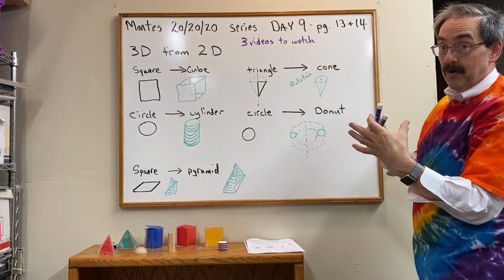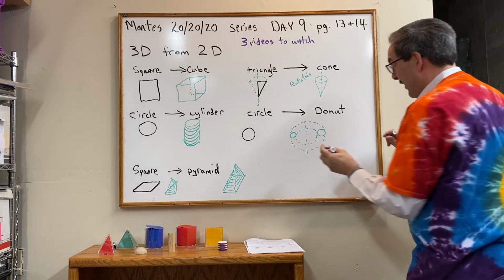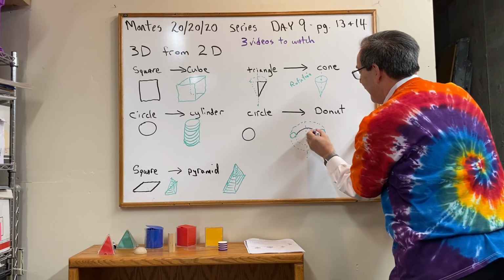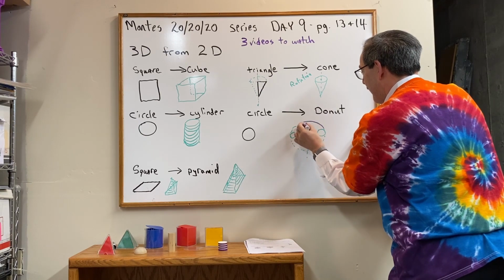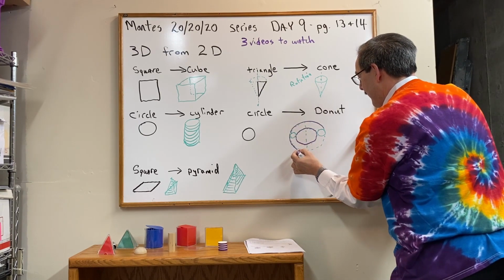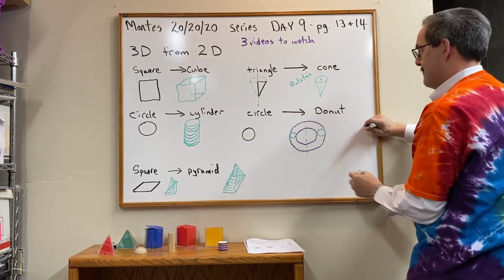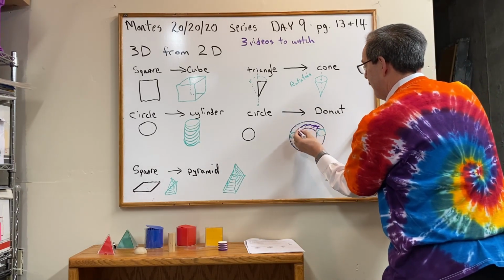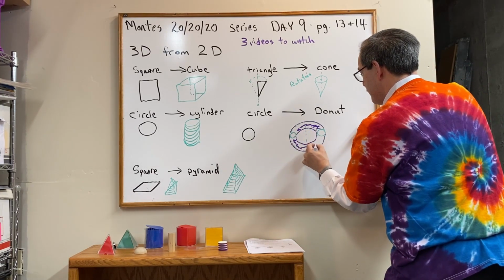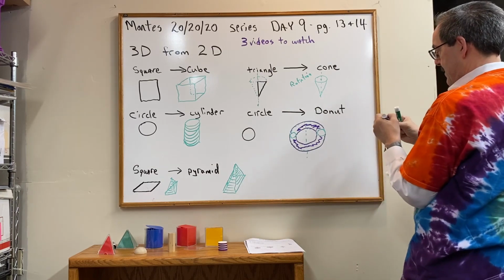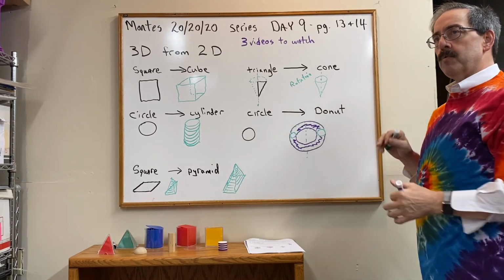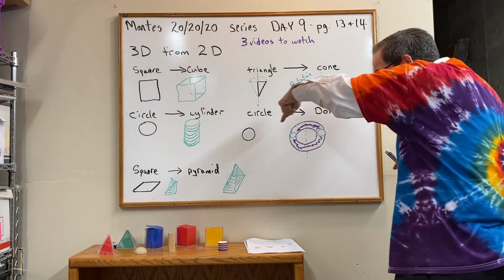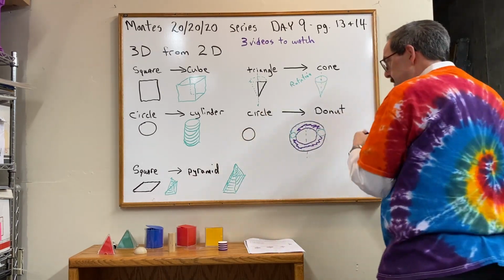It's got a big hole. More like a washer than a donut. How did a circle become a donut? A rotation.